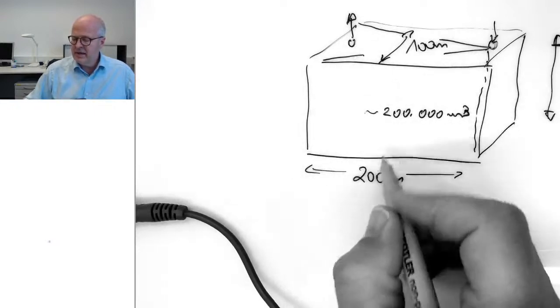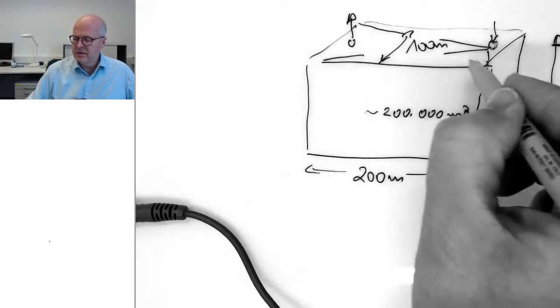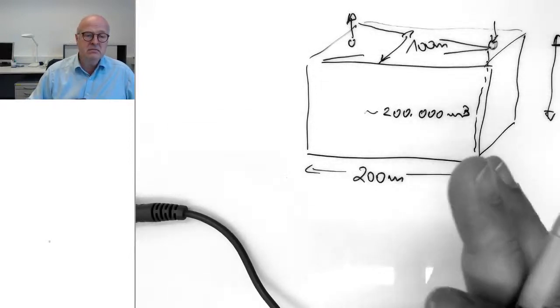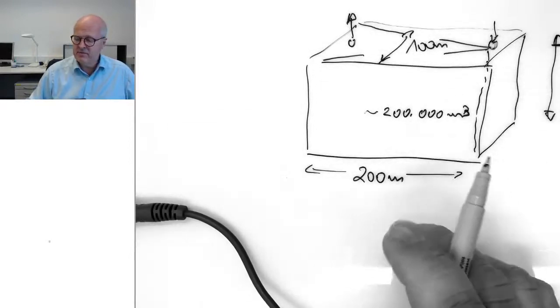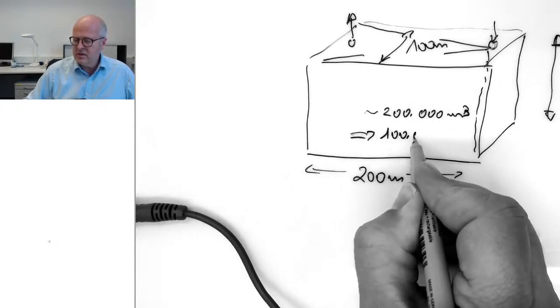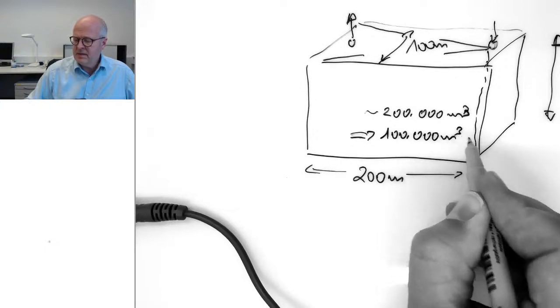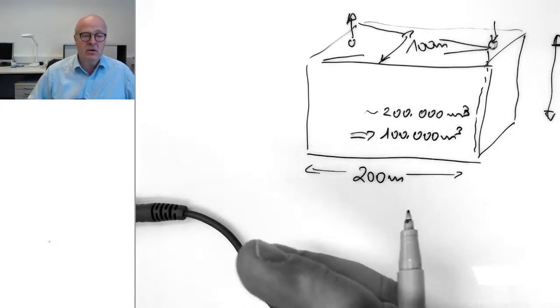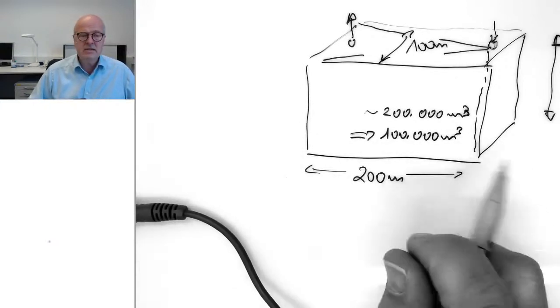If this is a triangle, we can apply the formula for triangles, G times H half. So this leads to a total volume of about 100,000 cubic meters that are tagged or marked with a tracer.